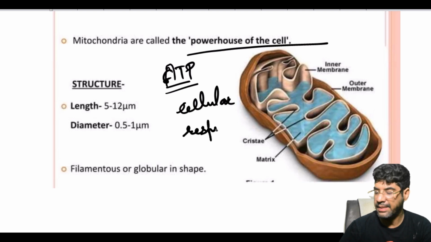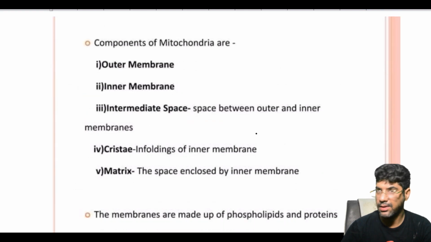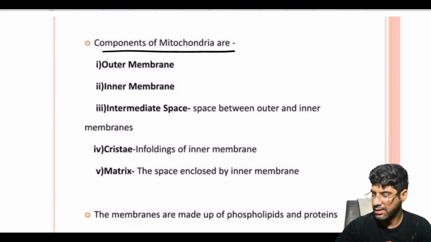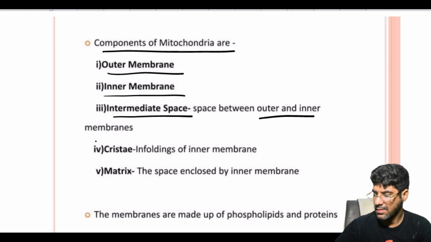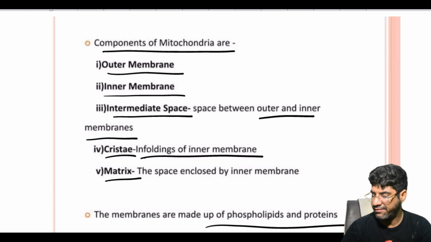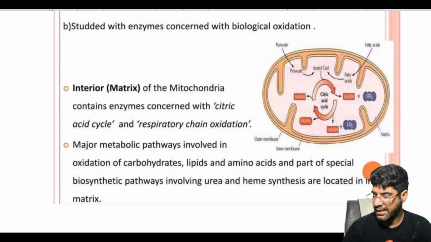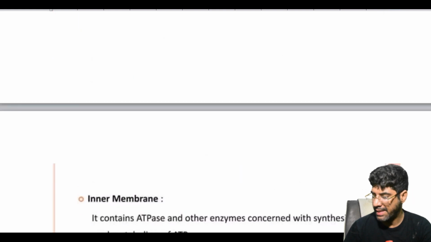It generates ATP through cellular respiration. These are the components of mitochondria: outer membrane, inner membrane, and the space between them, called the intermembrane space. There are various infoldings, the cristae, and the matrix. The membranes are formed of phospholipids and proteins.